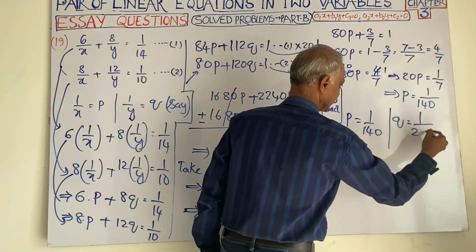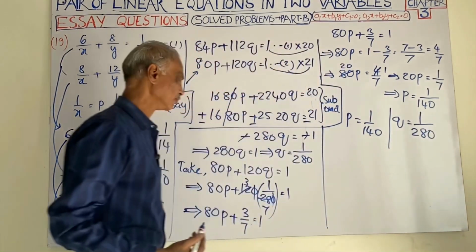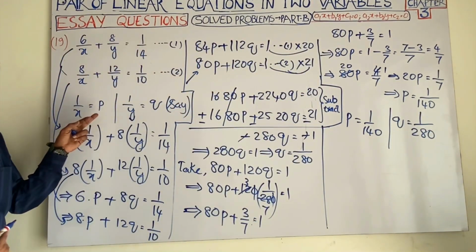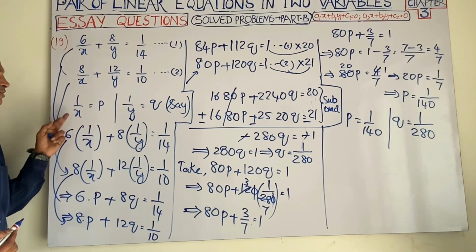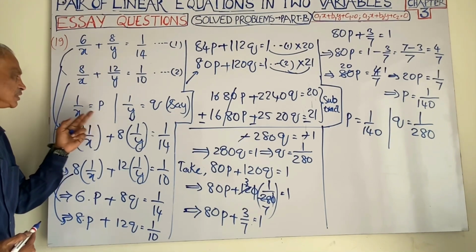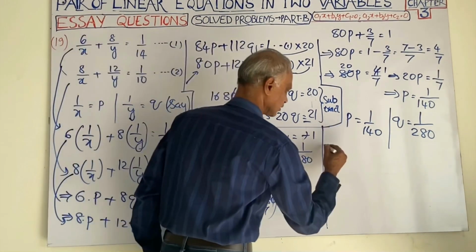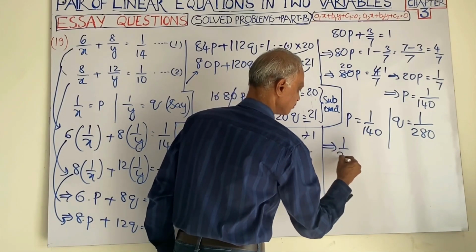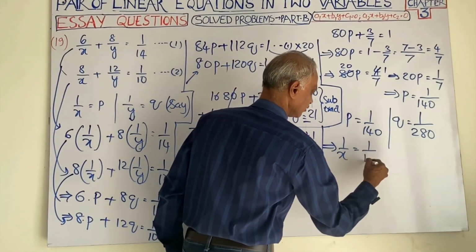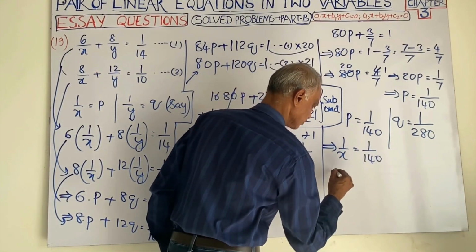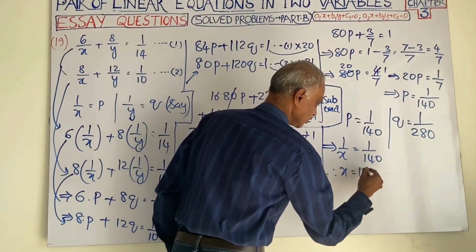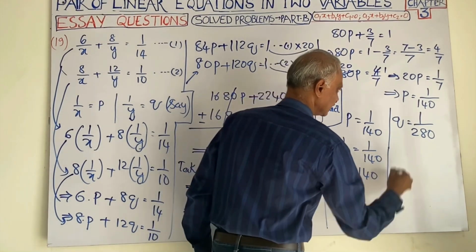Now, what is the value of p here? 1 by x is equal to p. p is equal to 1 by x is equal to 1 by 140. You will have, therefore, x is equal to 140. And next q.